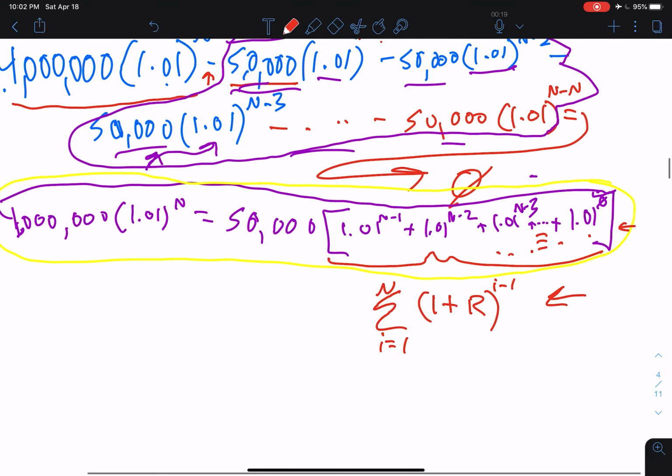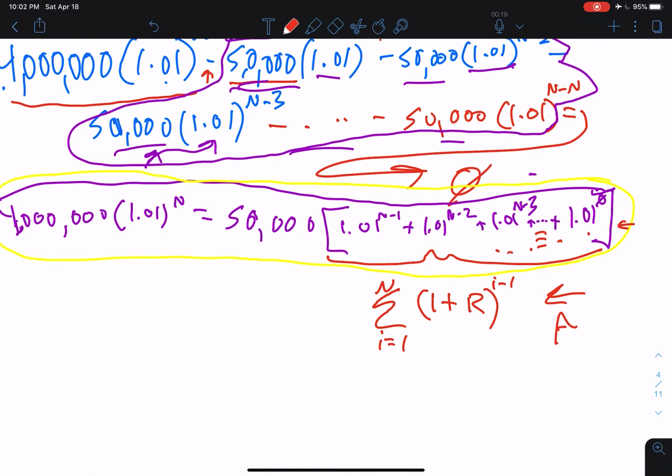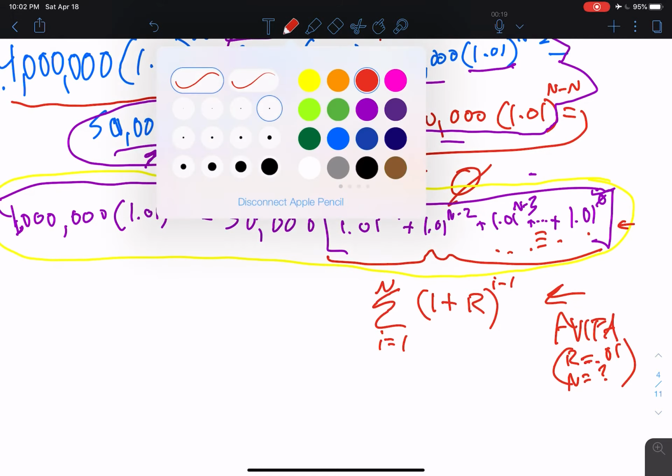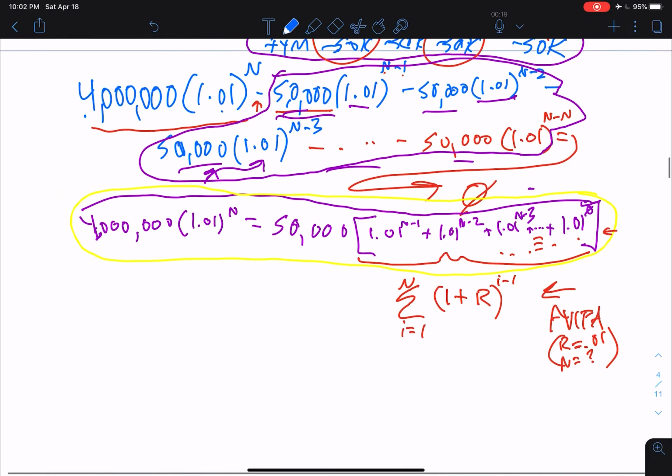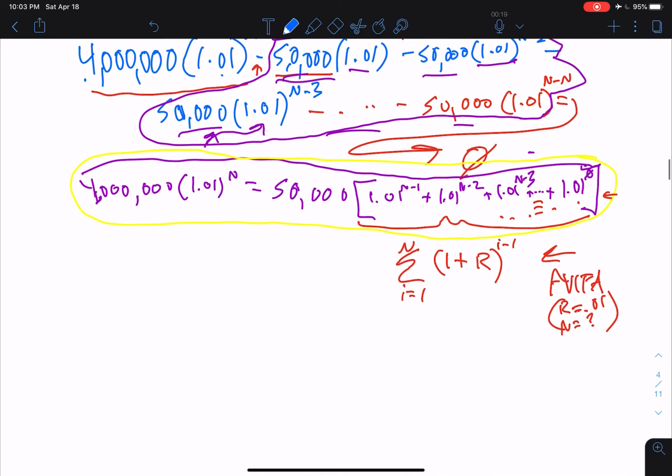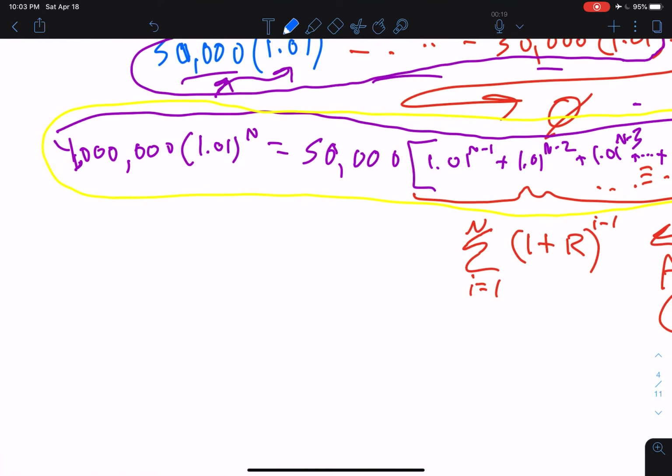And so, again, what I want to say is this is the FVIFA, and in this case, r equals 0.01, and n equals, well, unknown. That's what we're going to solve for. Oh yeah, it's starting to make sense now, I hope, for you. So let's now take advantage of our knowledge of future value interest factor for an annuity formulas.